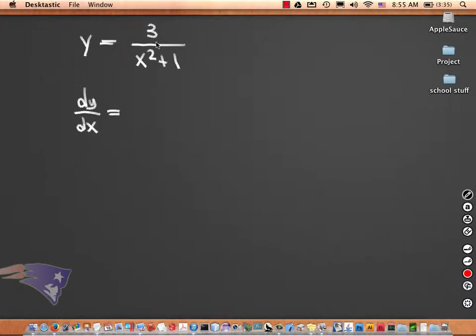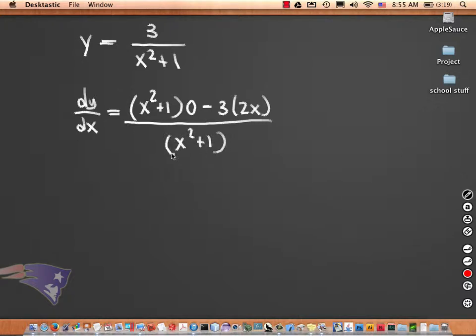Low d high, so x squared plus 1 times the derivative of the top, which is 0, minus the top times the derivative of the bottom, all over the bottom squared. So I'm just left with negative 6x over x squared plus 1 squared.